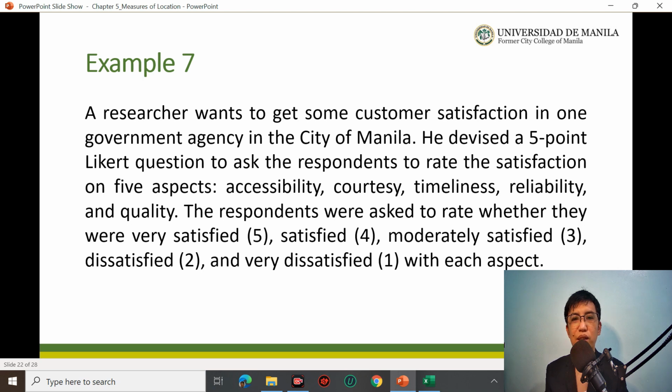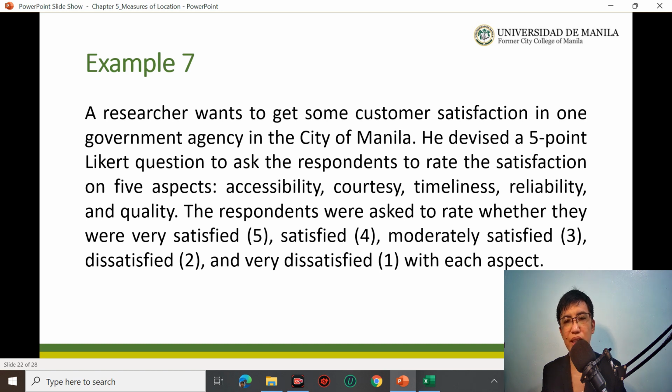A researcher wants to get some customer satisfaction in one government agency in the city of Manila. He devised a 5-point Likert question to ask the respondents to rate the satisfaction on 5 aspects. Ano yung mga yon? Or factors. Accessibility, courtesy, timeliness, reliability, and quality.